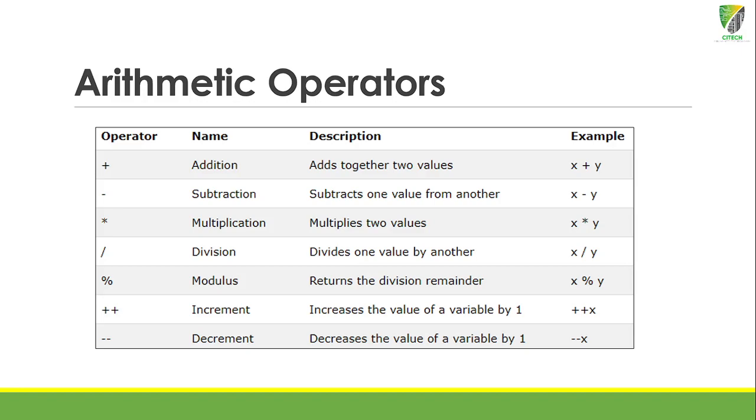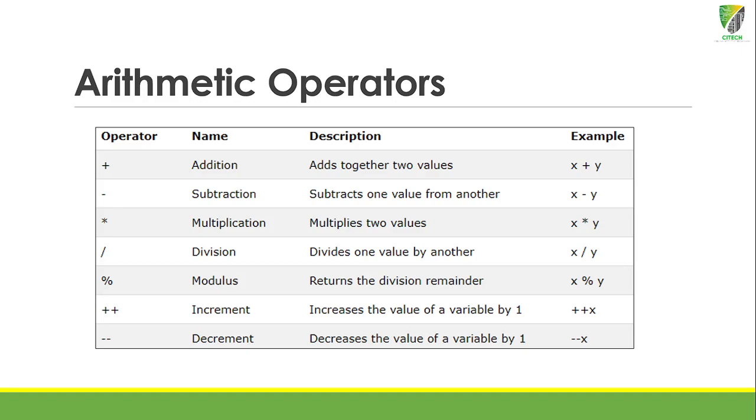In our exercise, we are done tackling addition, subtraction, multiplication, and division. We are using the plus sign for addition, minus sign for subtraction, asterisk sign for multiplication, slash sign for division, and now I will introduce modulus, increment, and decrement.